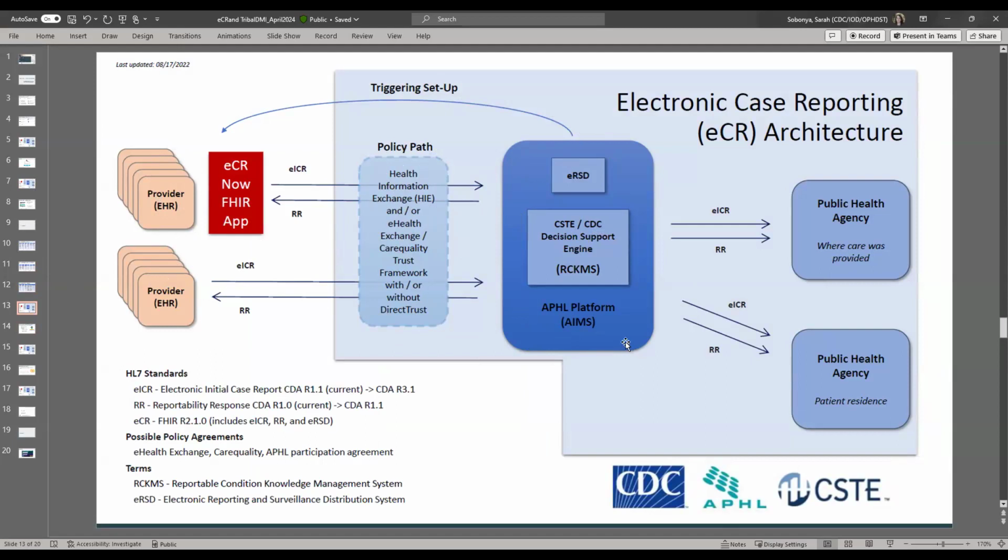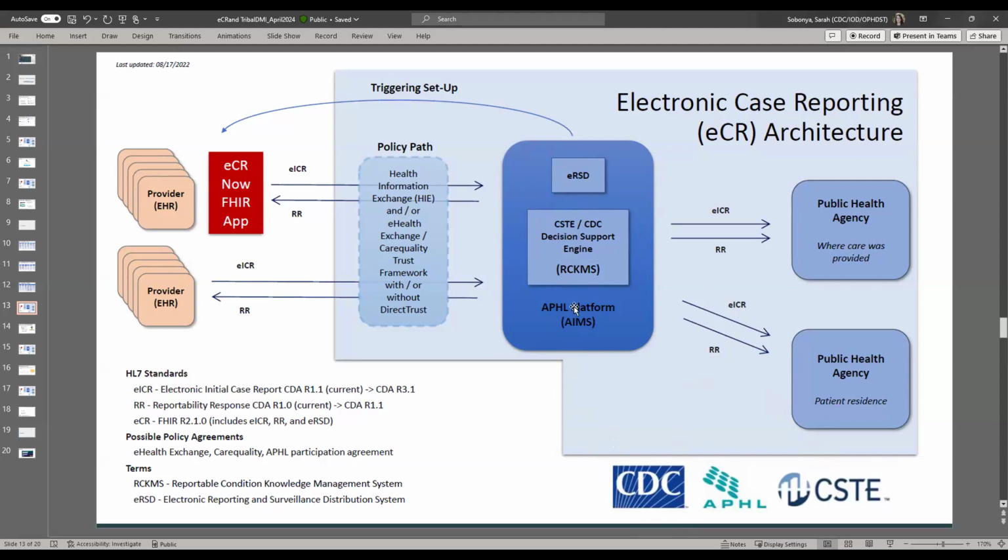This is run by APHL, the Association for Public Health Laboratories. AIMS is APHL's messaging service. And eCR is a joint project with CSTE, APHL, and the Council of State and Territorial Epidemiologists.